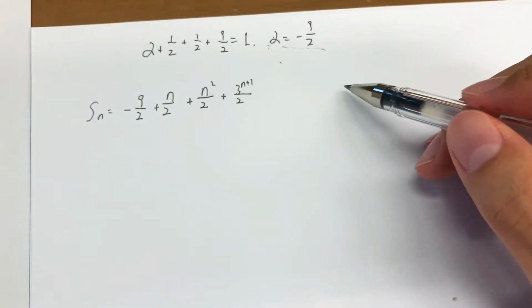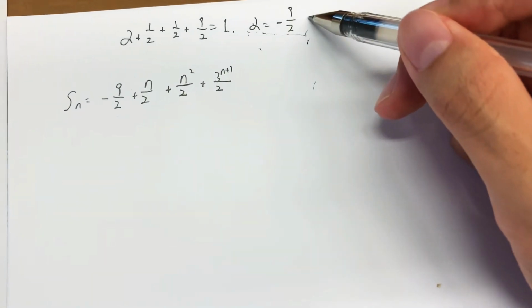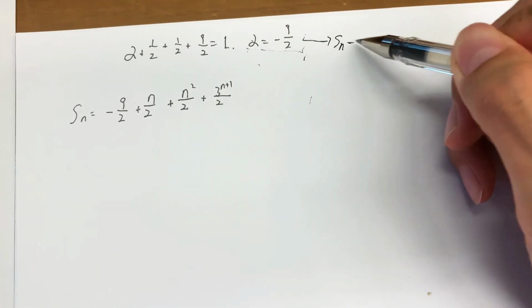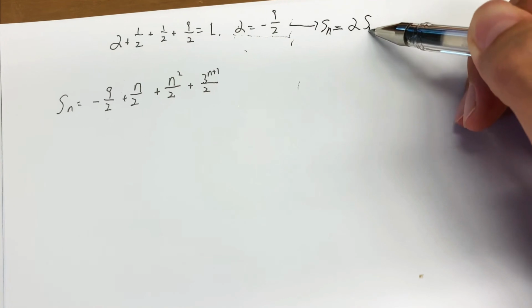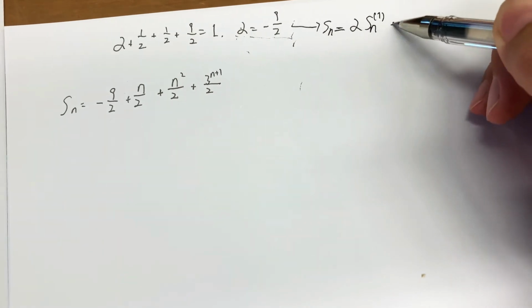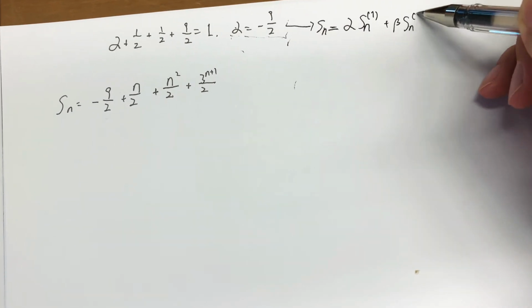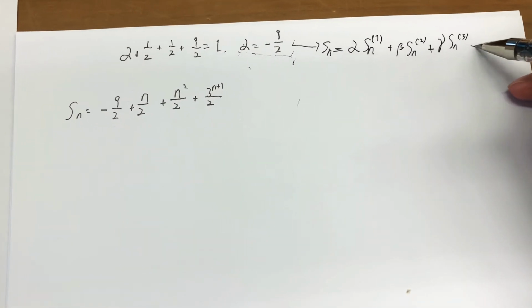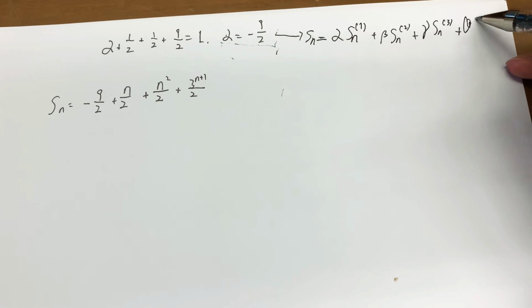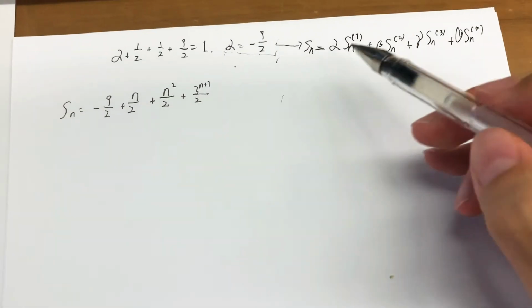So by linear combination we can check that Sn equals alpha Sn1 plus beta Sn2 plus gamma Sn3 plus theta Sn4. So now we give this one.